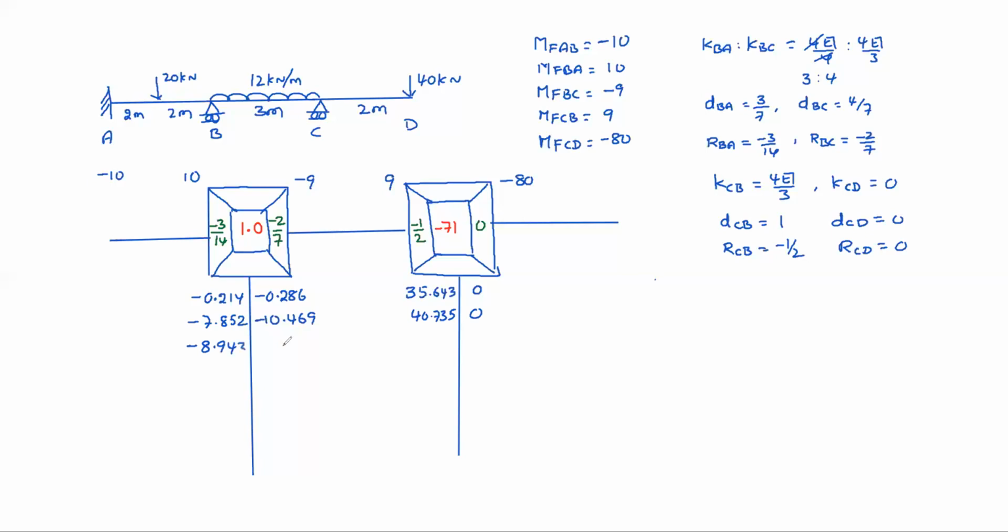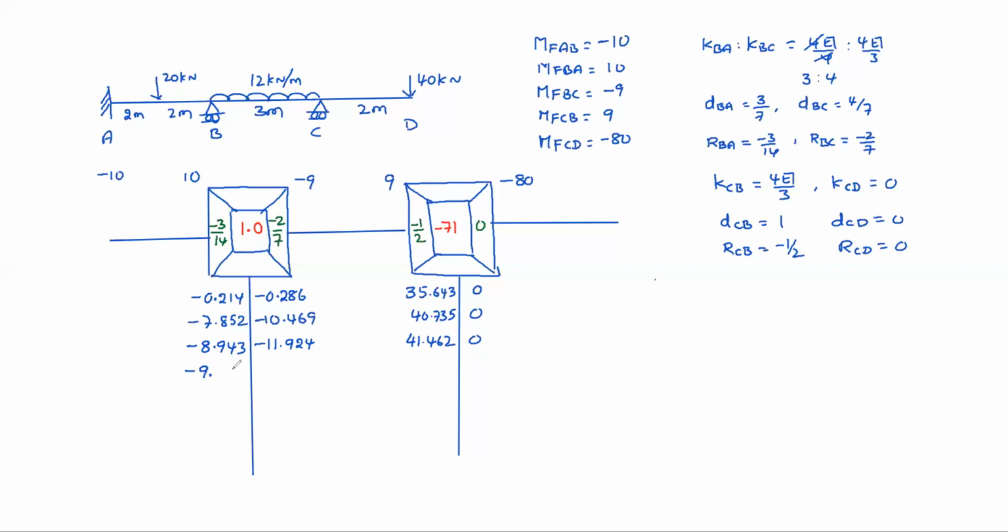Minus 2 by 7 into bracket open 1 plus 40.735, minus 11.924. Next, minus 1 by 2 into bracket open, minus 71, minus 11.924, 41.462. 0. Next, similarly, continue this process.